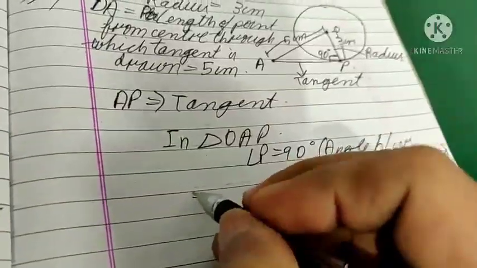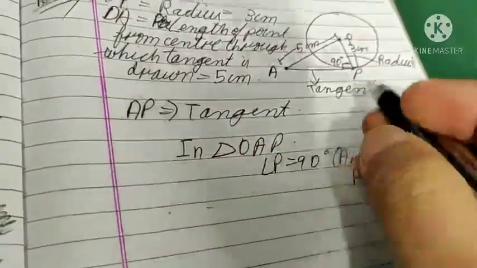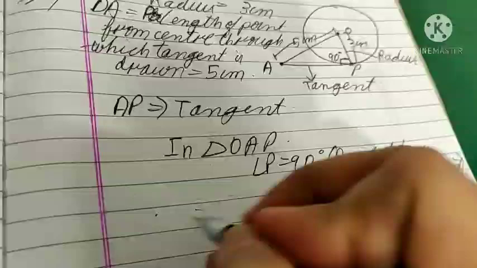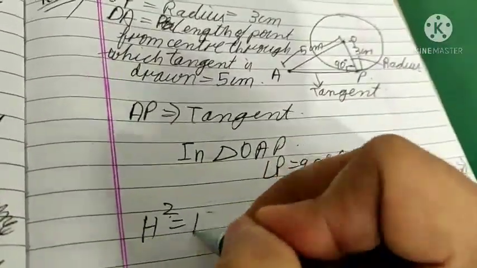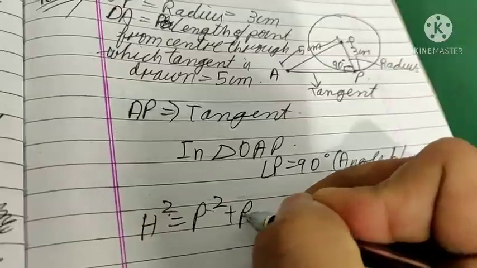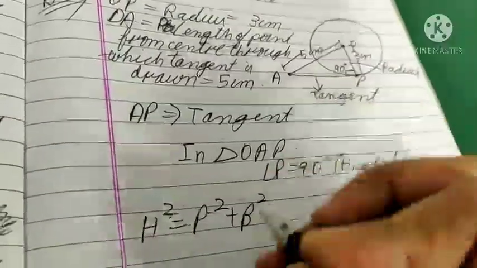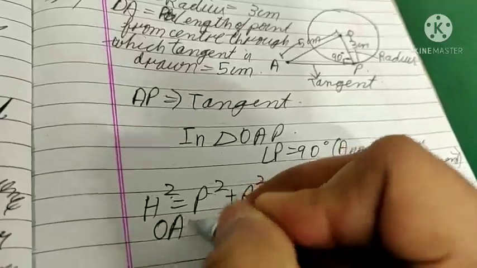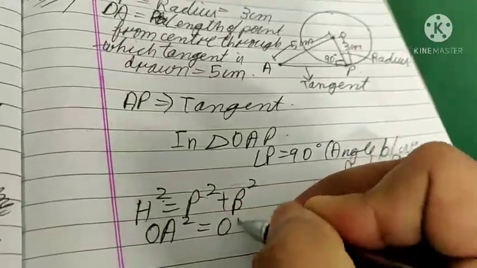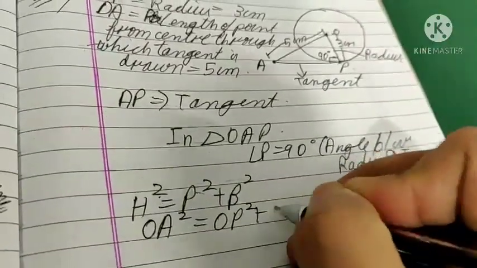So now we can apply the Pythagoras theorem. It says hypotenuse squared equals perpendicular squared plus base squared. Here the hypotenuse is the side in front of 90 degrees, that is OA squared equals OP squared plus AP squared.